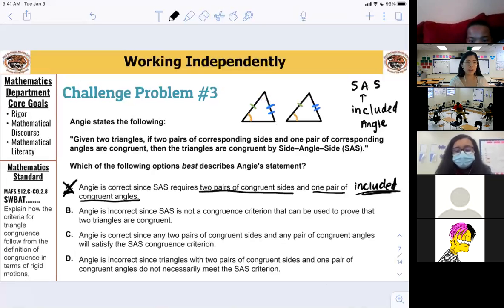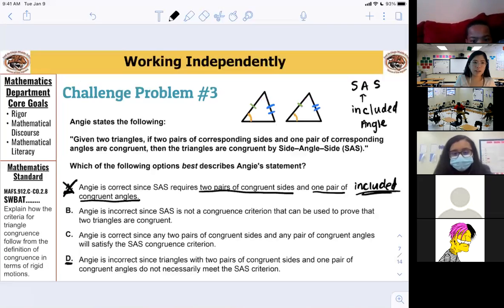If it's not A, look again. Everybody look at your remaining options and let's see if we can change it to the correct answer. D, as in dog? Yes. Okay. D. Choice D is incorrect since triangles with two pairs of congruent sides and one pair of congruent angles do not necessarily meet the SAS criterion.